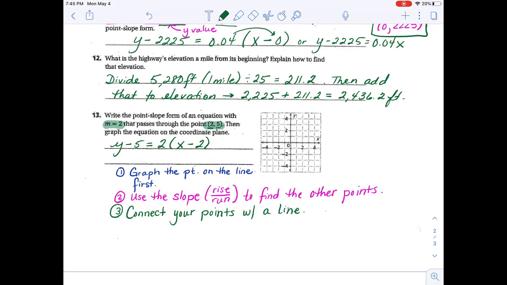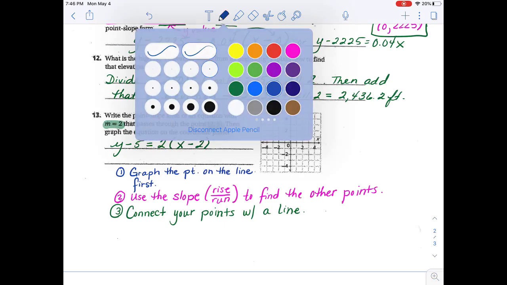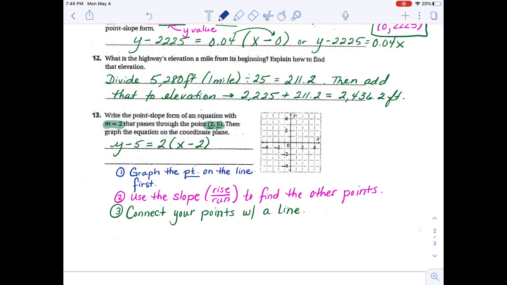There's my equation. Now, let's graph that point. First thing I'm going to start with is I always start with the point on the line first. So that 0.25, I'm going to graph that over 2, and then 1, 2, 3, 4, 5, up 5.